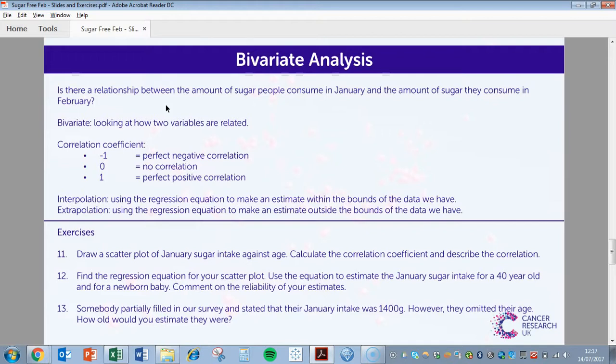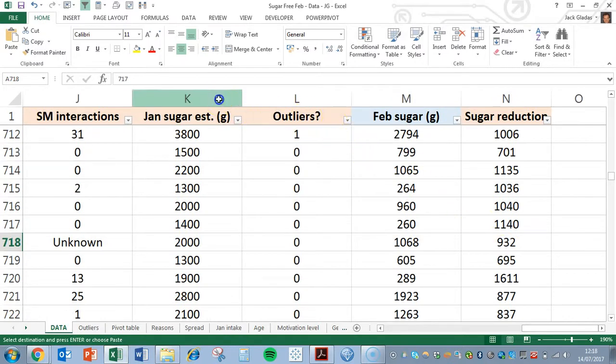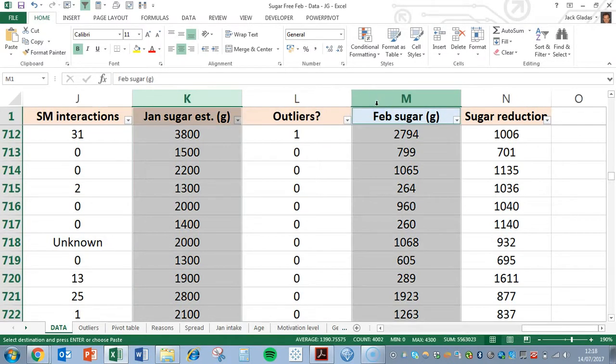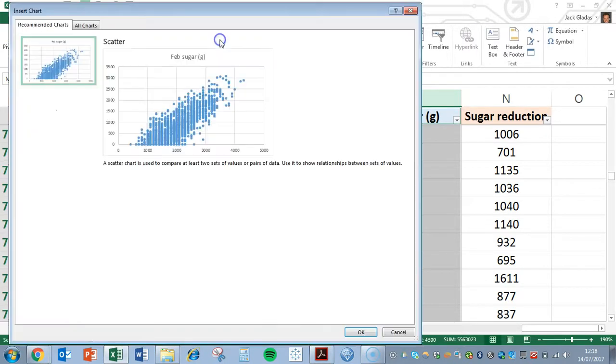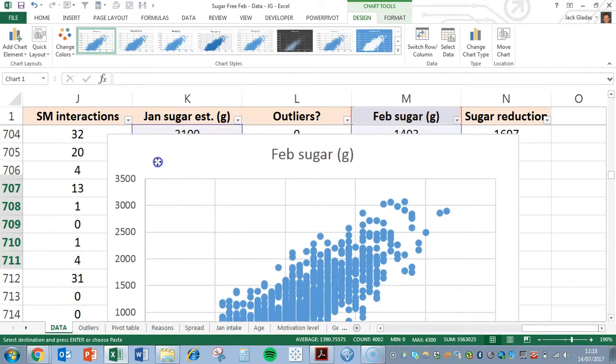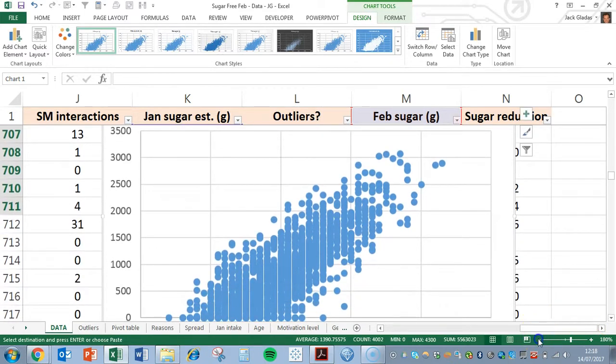Before we move on to equations or summary stats, the best way to begin is always by viewing a relationship graphically. If we go to our datasheet, and highlight those two columns, the two sugar intake columns that we're going to look at, use Control, and we can highlight both. And if we head up to Insert, Recommended Charts, we can insert a scatter plot, showing us the relationship between the two.